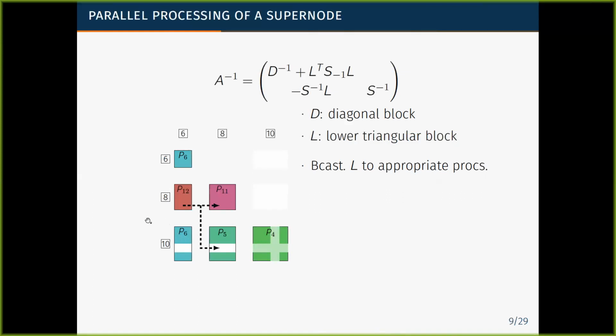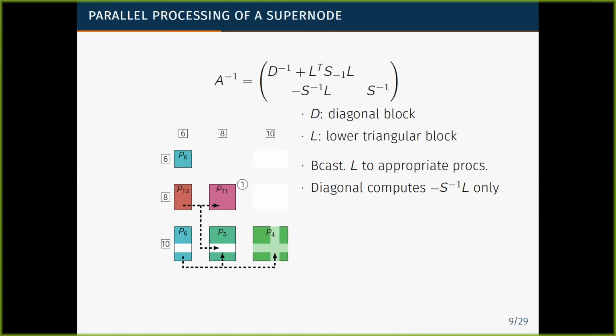So for this red block owned by P12, it's going to go to P11 and P5, whereas the block owned by P6 is going to go to P5 and P4.